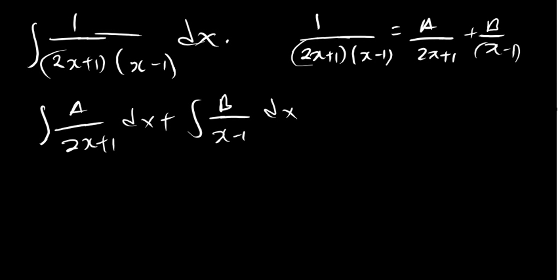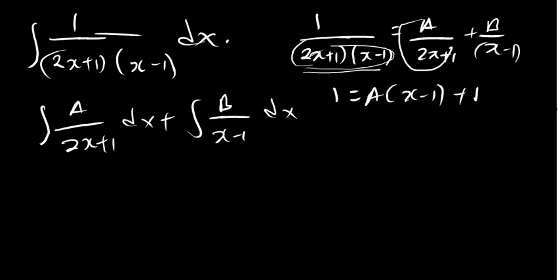Now we are going to multiply by this guy everywhere. So here we're going to have 1 equal to, if I multiply the whole of this, this is going to be cancelled. We're going to remain with a (x minus 1), then where there's b we're going to remain with 2x plus 1.